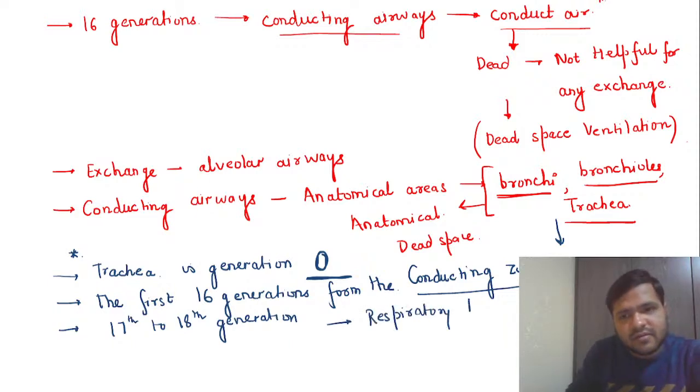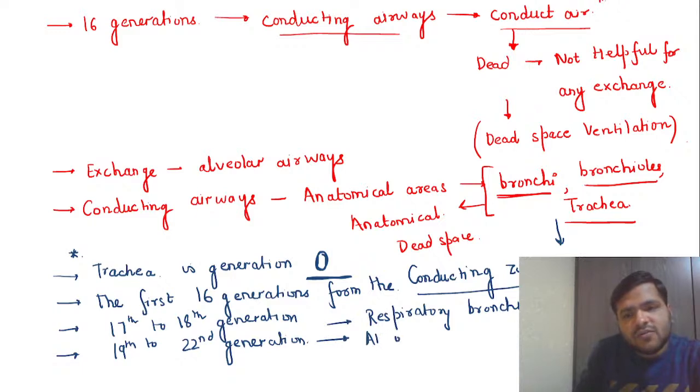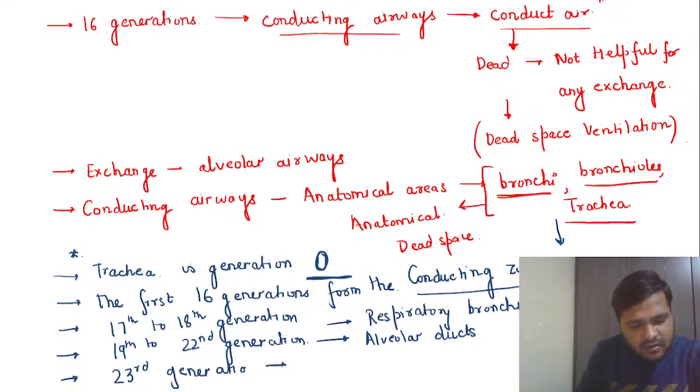Next, the 19th to 22nd generation is the alveolar ducts. And the 23rd generation, the last generation, is the alveoli.